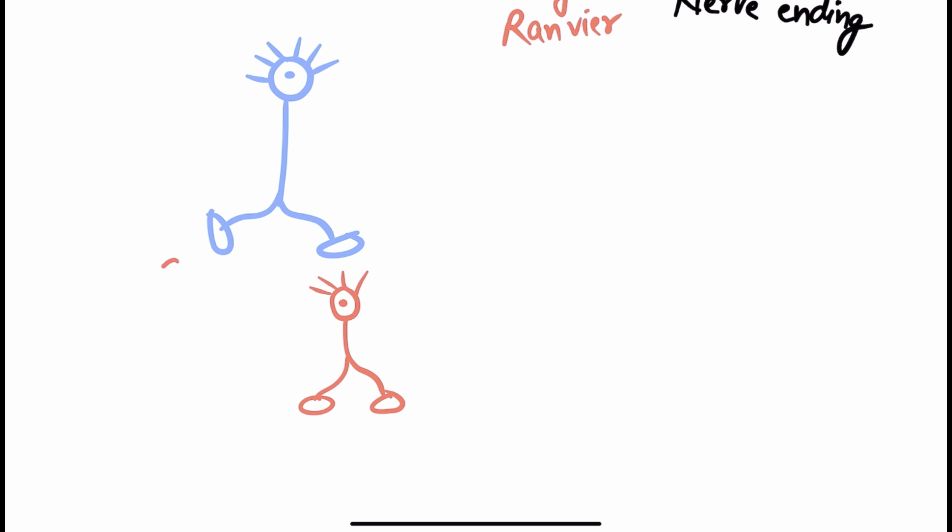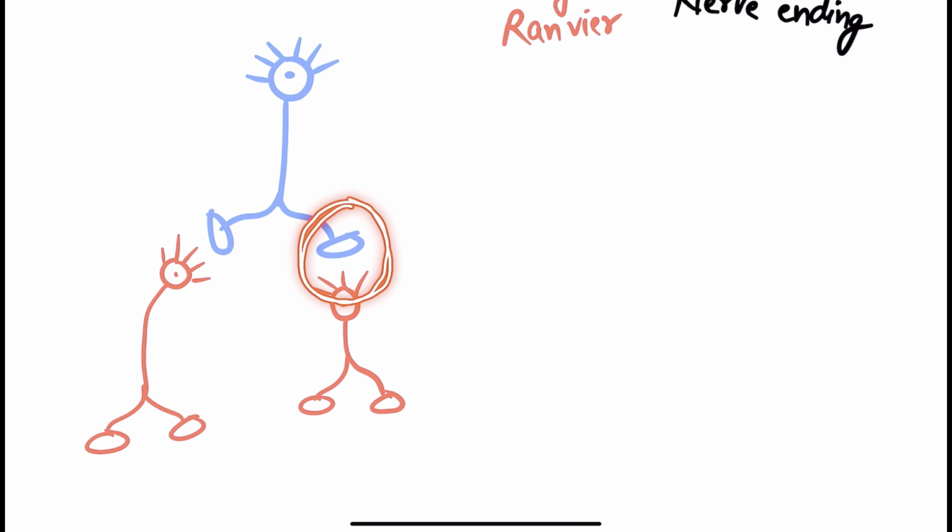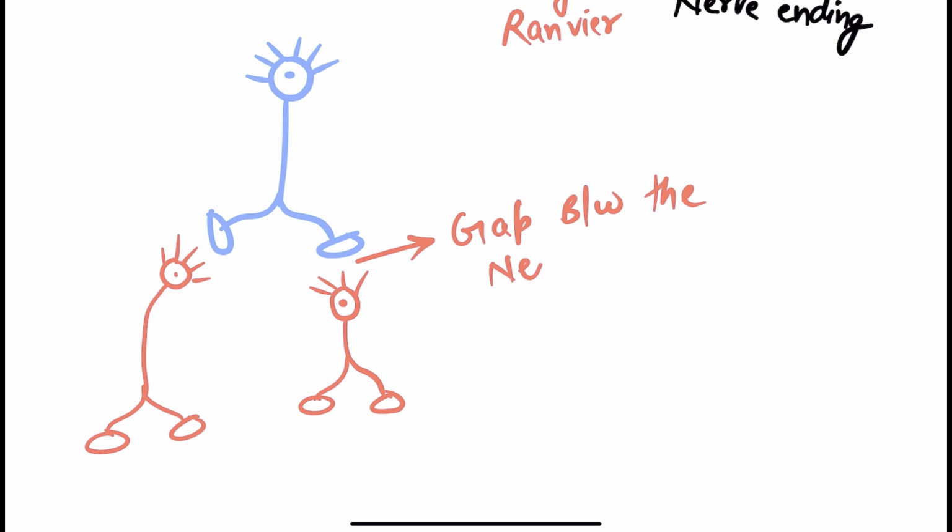Again this is a neuron, the dendrites, and the axon, and the nerve ending. And you are able to see in this particular area that I am highlighting, we are able to see the gap between the two neurons, and this gap is known as synapse.